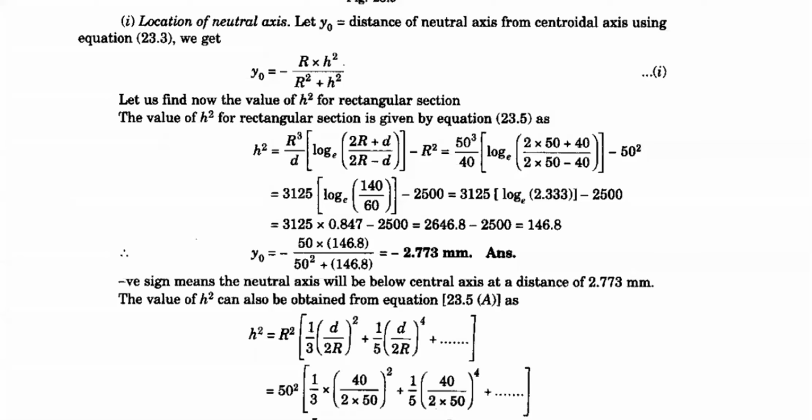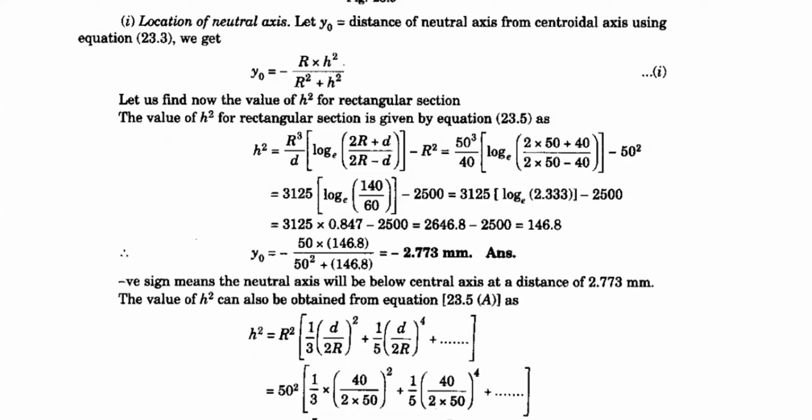If it is available in your data book, it is not required to remember. Otherwise you have to remember, there is no choice. So y naught equals minus r into h square by r square plus h square.